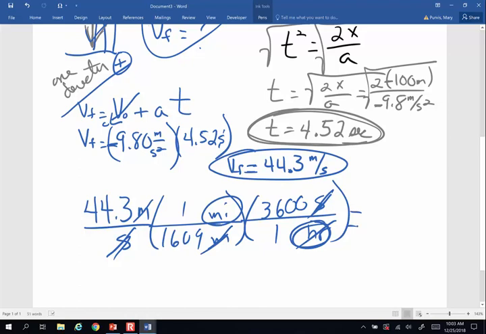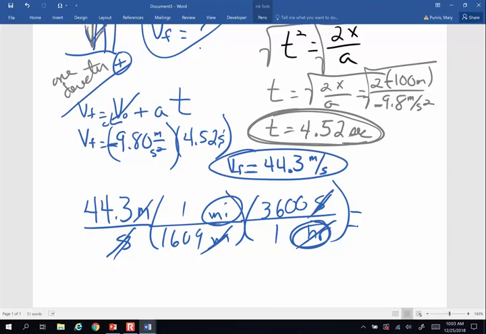And let's grab the calculator. 44.3 divided by 1609. I hit the wrong button. You do that too sometimes, don't you? 44.3 divided by 1609 times 3,600, and I definitely did that wrong.